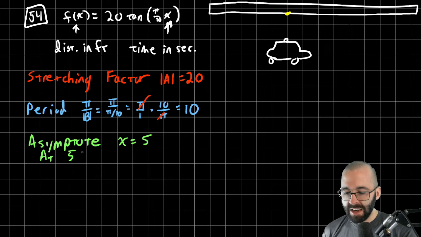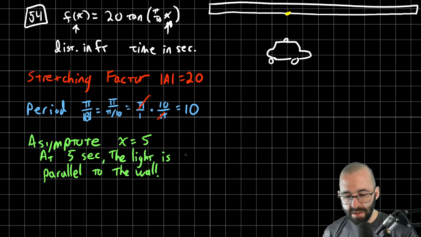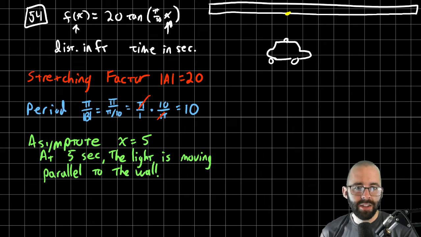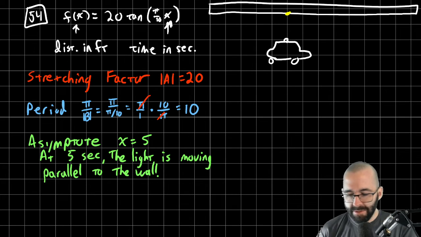We can say at 5 seconds, the light is parallel to the wall, or moving parallel, because light is moving. It looks instantaneous to us, but it does have a travel time, namely the speed of light, which is why it's called that.